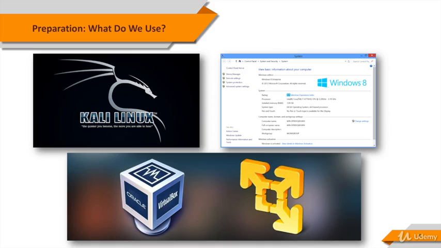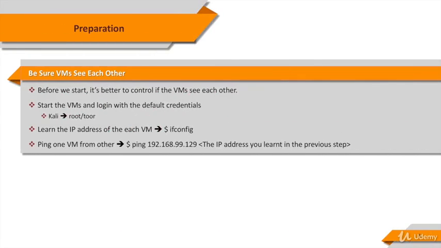Now, if you're using one of the VMware tools such as VMware Player, Fusion, or Workstation, using NAT mode for network interfaces will be enough for the virtual machines to see each other. If you'd like to use virtual machines in host-only network mode, please learn how the virtualization platform works in that mode first. Before we start, let's be sure the virtual machines can see each other.